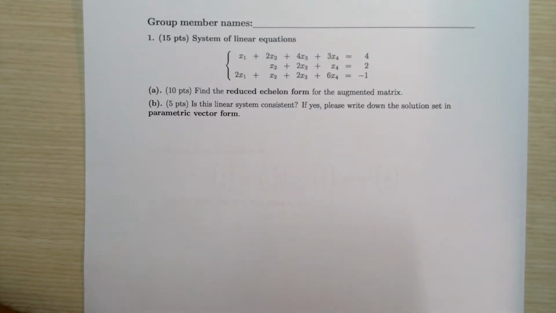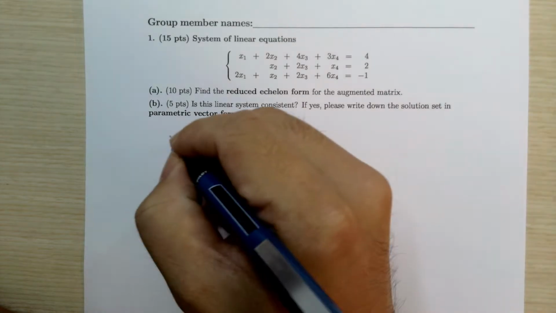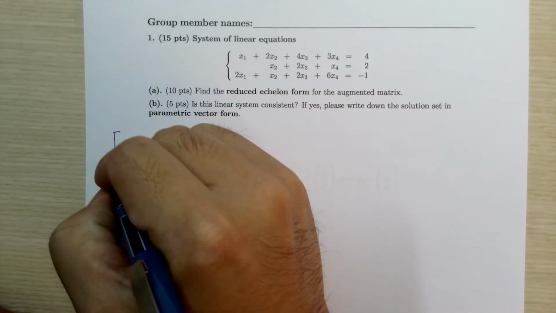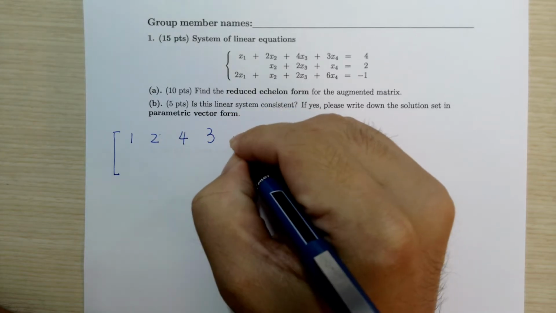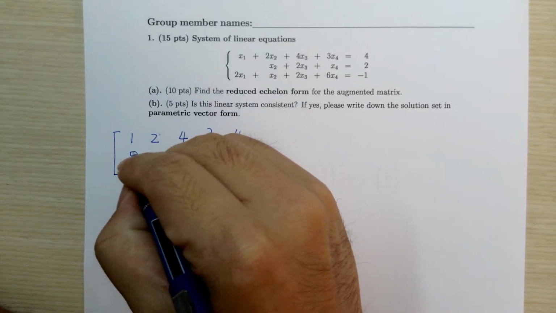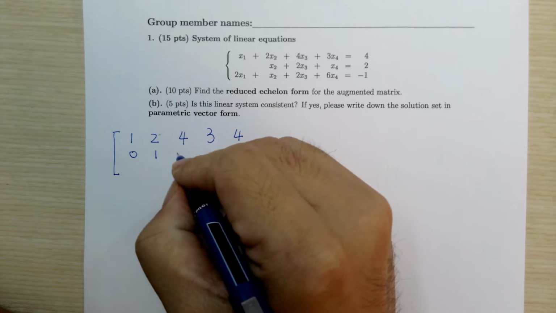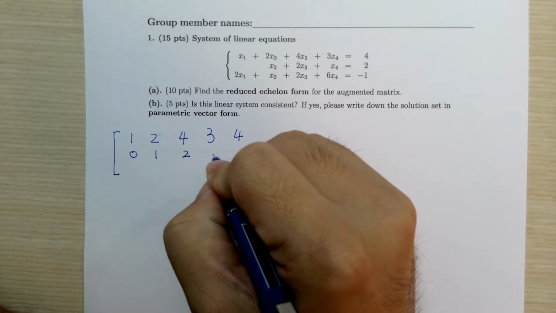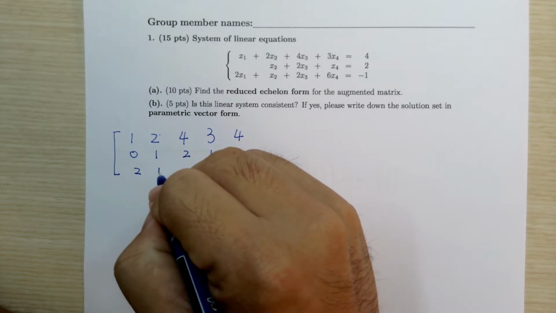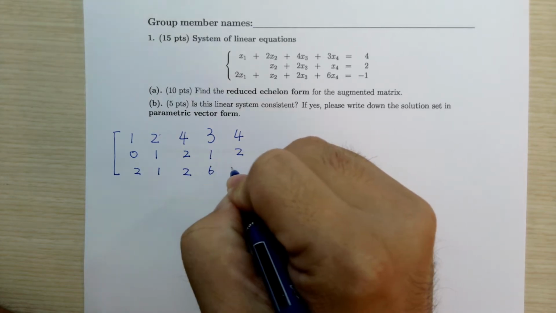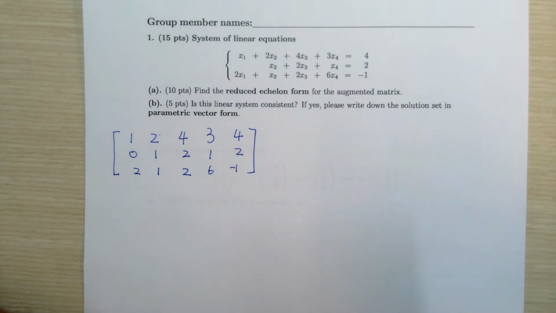Okay. The augmented matrix we have here is 1, 2, 4, 3, 4; 0, 1, 2, 1, 2; and 2, 1, 2, 6, negative 1, right?